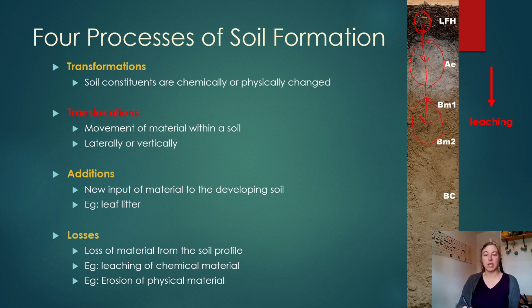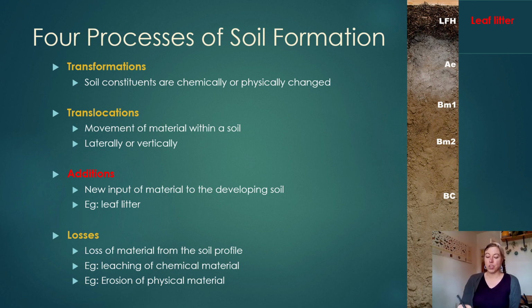And that's what's causing this to be white, the leaching of minerals, and this to be orange, the bringing of those nutrients down into this. This is a translocation, that leaching. This can happen vertically, but it can also happen laterally, depending on the flow of water or root systems or whatever in your soil.